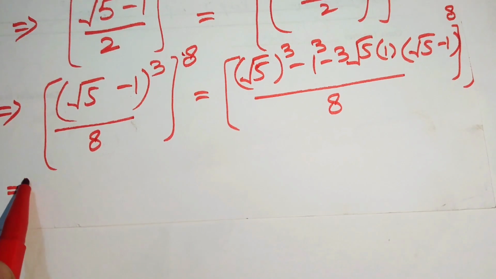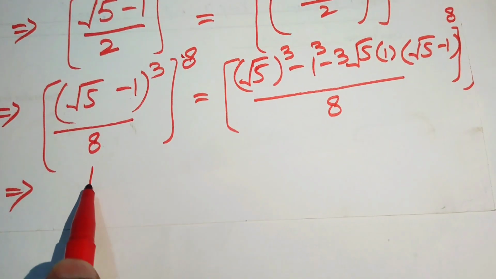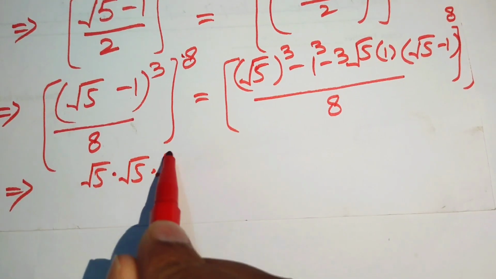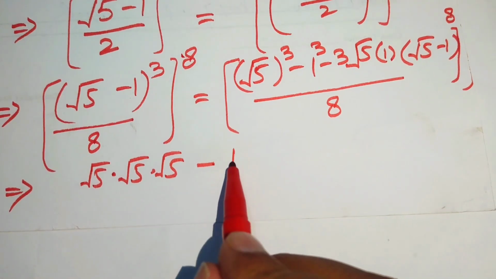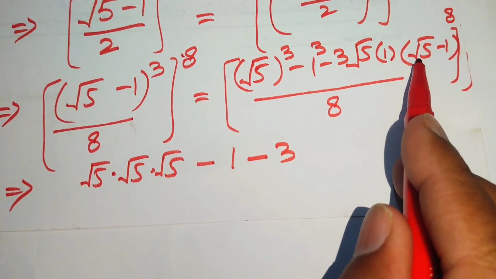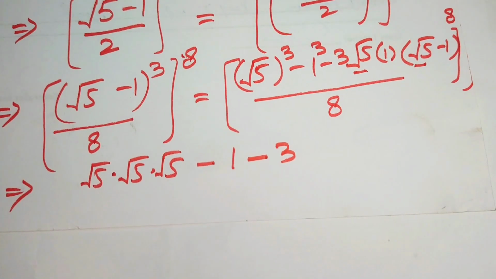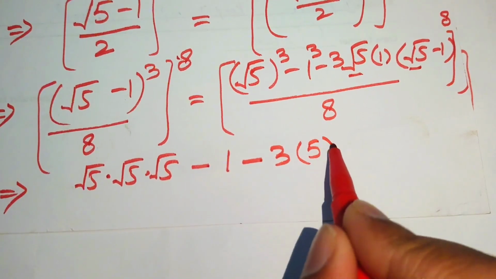Here we need to simplify the terms, and we write this square root of 5 cubed as square root of 5 multiplied by square root of 5 multiplied by square root of 5, minus, we know that 1 cubed becomes 1, minus, here we multiply 3 into square root of 5 with square root of 5, so this square root of 5 is multiplied by this square root of 5 and the square roots are cancelled, so you get 3 into 5 only.